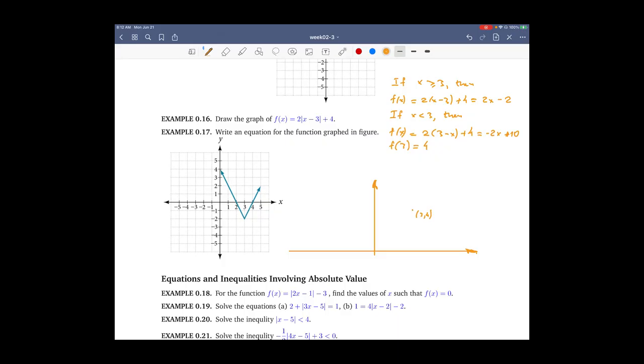And then to the right of 3, I have a straight line with slope 2. And to the left of 3, I have a straight line with slope negative 2. That will be the line y equals negative 2x plus 10.